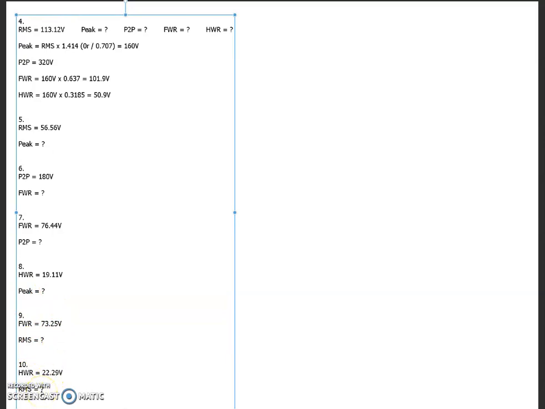So pause the video, see if you can work those out. And the answers are: 80 volts for the peak, full wave rectified, 57.3, peak to peak, 240 volts, half wave, 60 volts for the peak, RMS 81.3, and for the half wave, the RMS being 49.4.